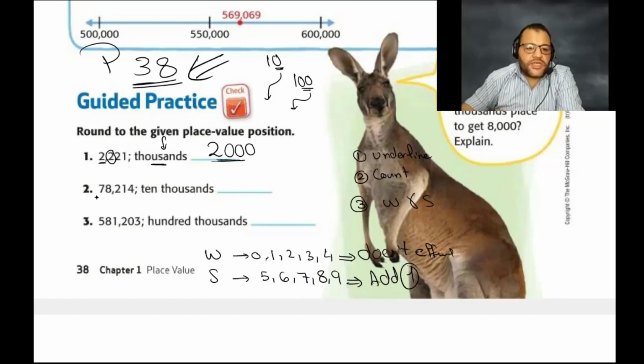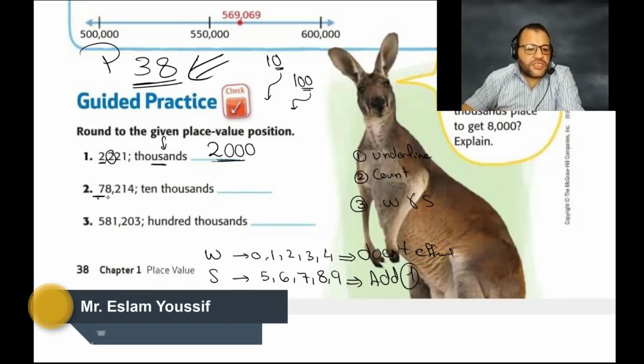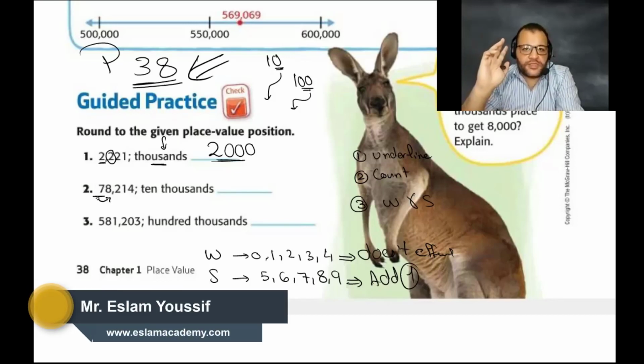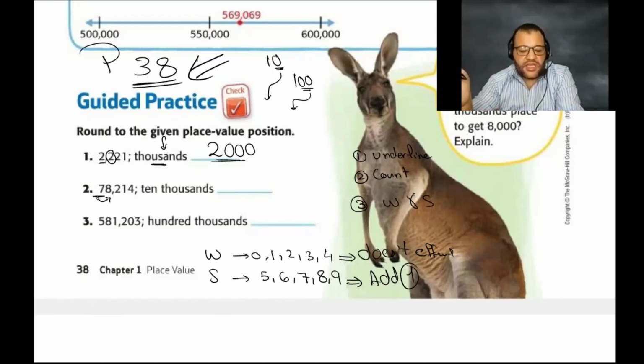How many zeros in the 10,000? Or count the digits at the right. You can write it in 2 ways. You can use how many zeros are in the 10,000, or you just count the numbers at the right. How many digits at the right? 1, 2, 3, 4. So just write 4 zeros.